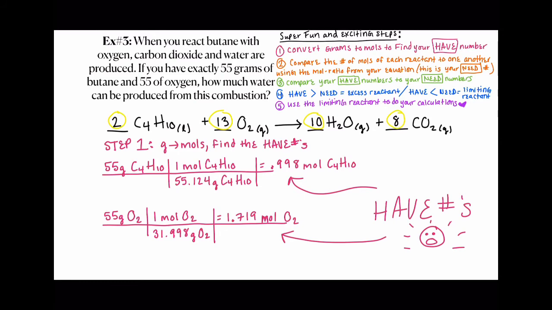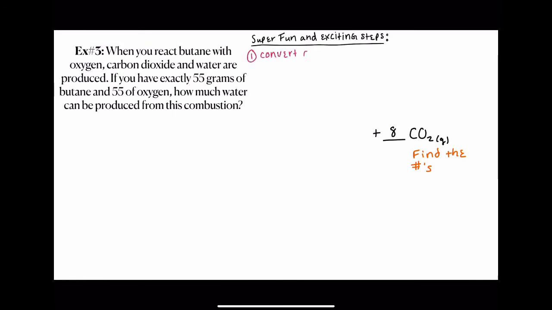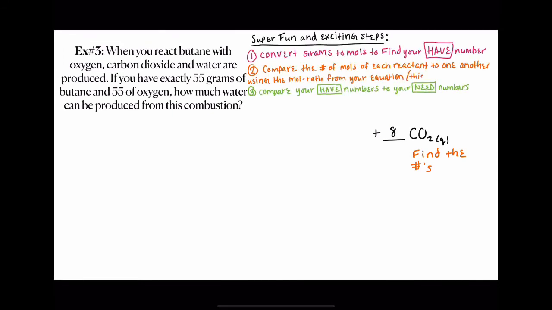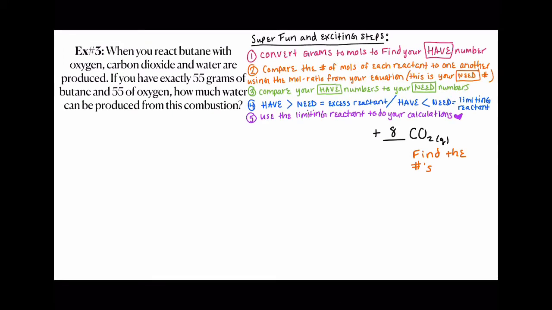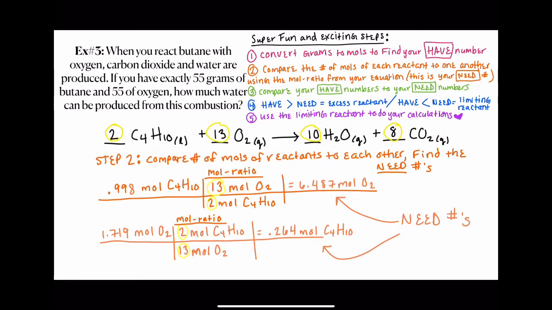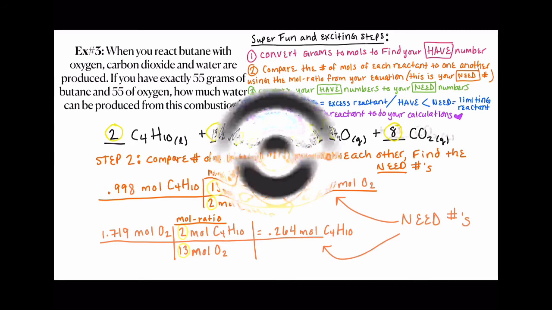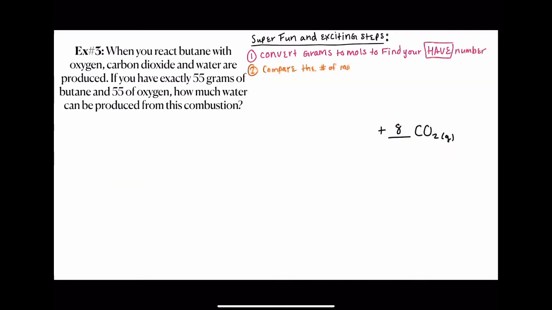That's where we take the number of grams we have and convert them into moles. Now we're going to do our second step, where we compare the number of moles of each reactant to each other. This is where we have to use our mole ratio. We're going to compare oxygen to butane in this problem, and that's going to be our need number.